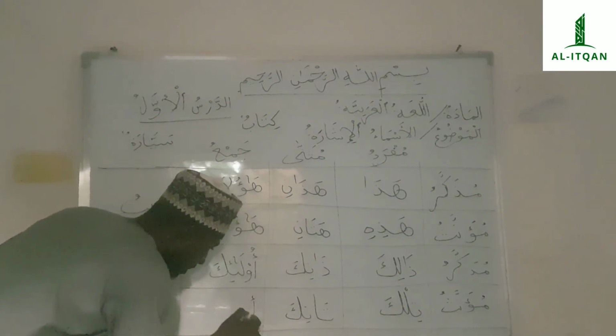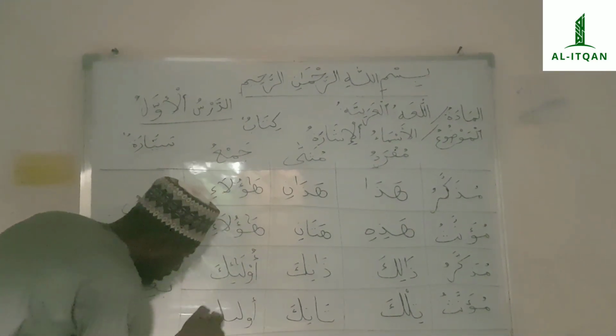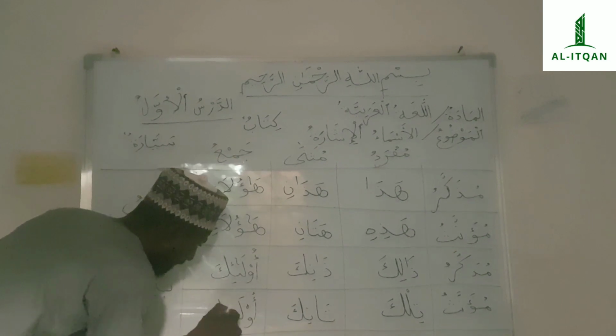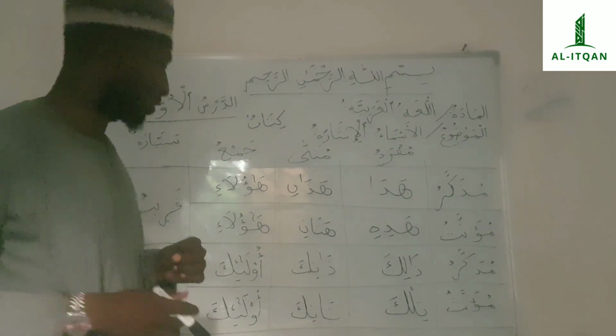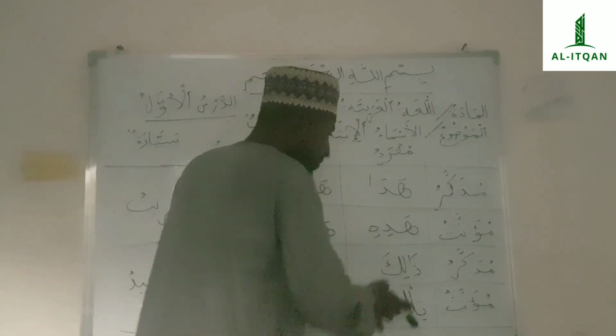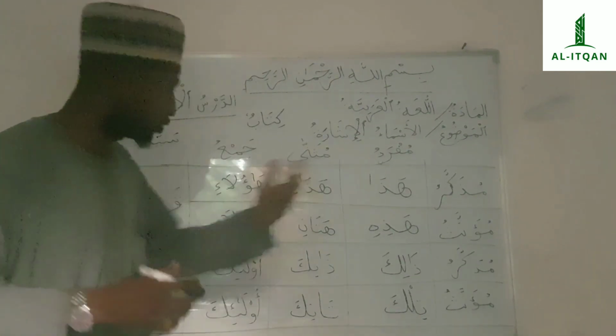Here you still say ulaika. Now all these ones are for far objects, something that is far from you.